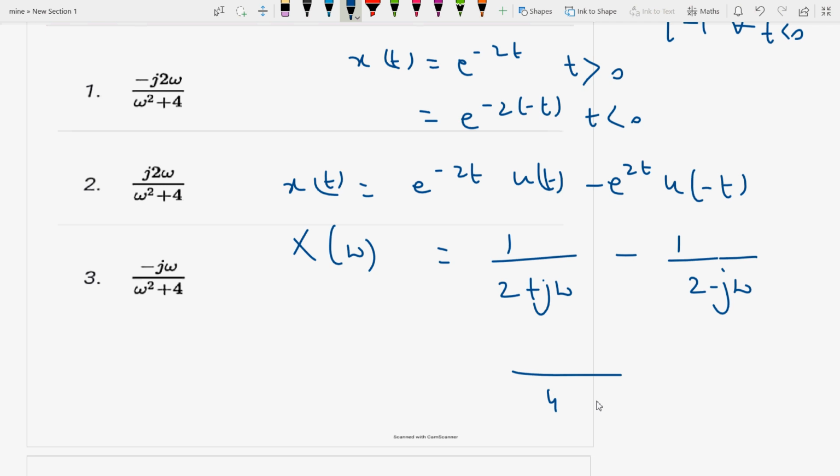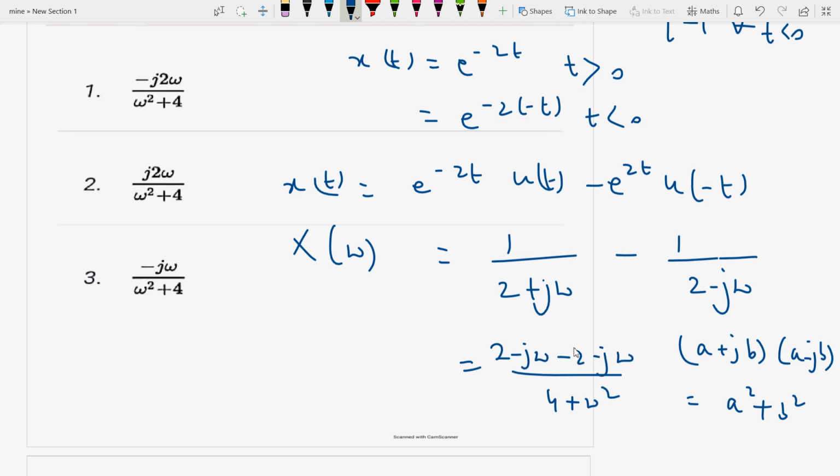So this will be 4, a plus jb and a minus jb. So this will be equal to a square minus j square, that means a square plus b square. So this will be 4 plus ω square, right? So this will be equal to (2-jω) minus (2+jω). So this will cancel out and it will come out to be as -j2ω/(4+ω²).